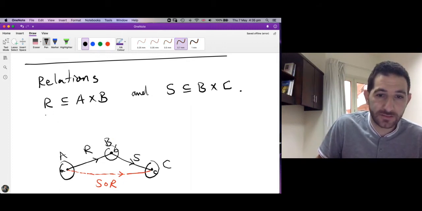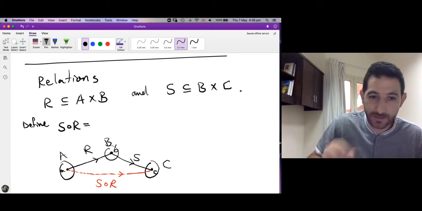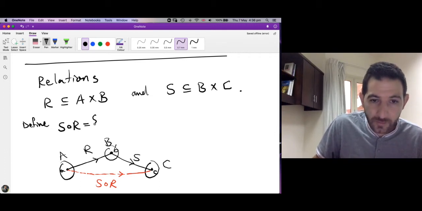Okay, what is then defined? S composed after R, or composed with R, this will be a relation from A to C. Okay, it will be all pairs A, C.